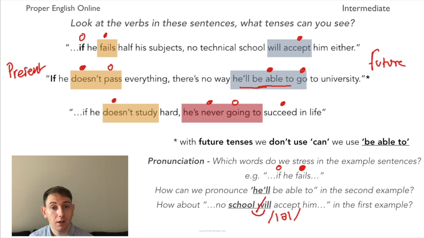Okay? So he will, he'll. I will, I'll. She will, she'll. It will, that could be it'll, right? School will can be school'll. Thing will, thing'll. We can just add this ul sound and link it with the word before. Instead of saying will, we can say ul.